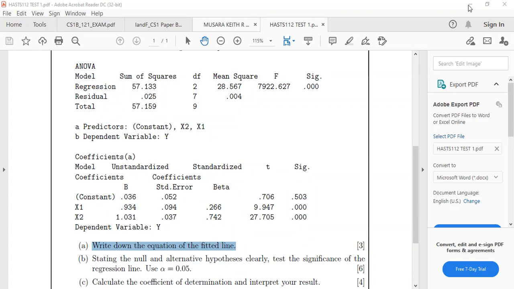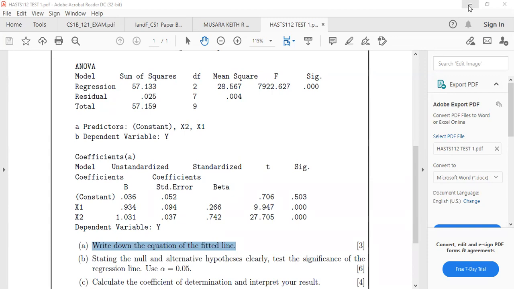You can participate, guys. 0.036. 0.036, that's our beta naught, right? And then what is our beta 1? Beta 1, remember, is the coefficient of x1, right? 0.934. 0.934, excellent.